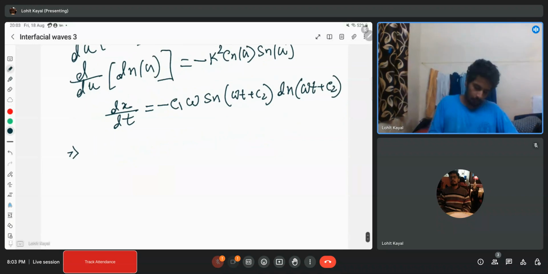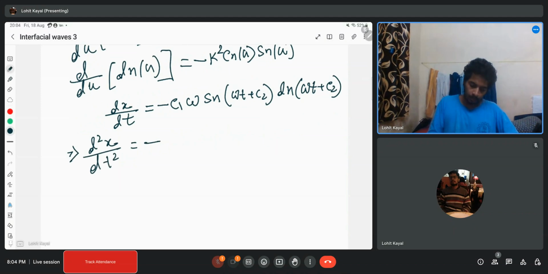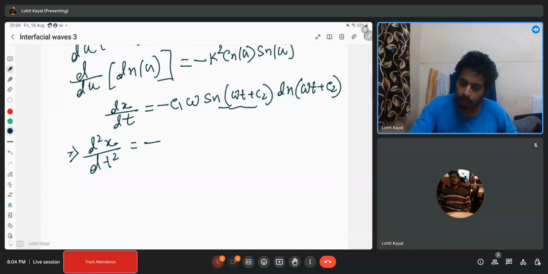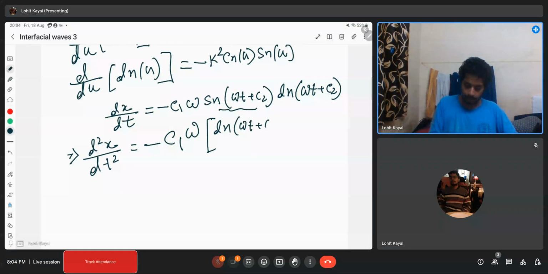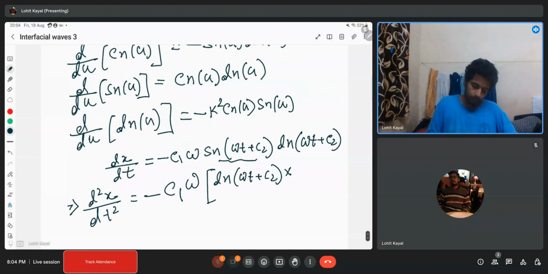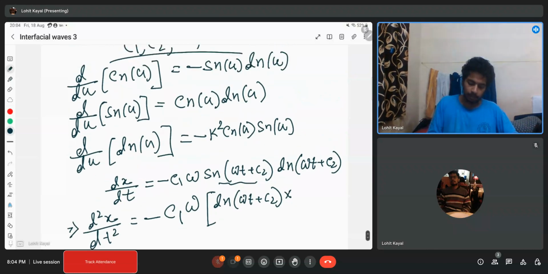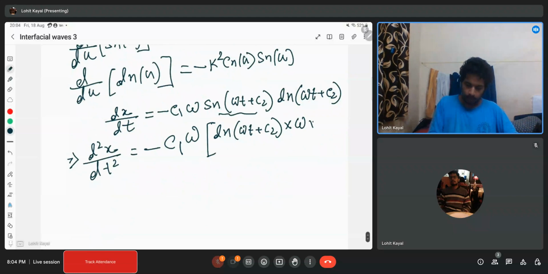Now we have to find d2x dt square. First I need to differentiate this, so I have to use the simple chain rule. It will be minus c1 omega. First, I will keep dn(omega t plus c2) constant and differentiate sn, which gives cn u dn u, into omega, into cn(omega t plus c2) into dn(omega t plus c2).